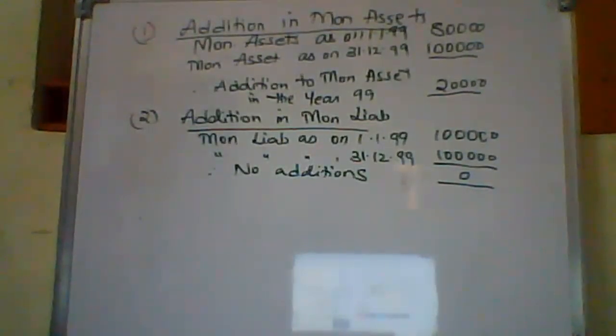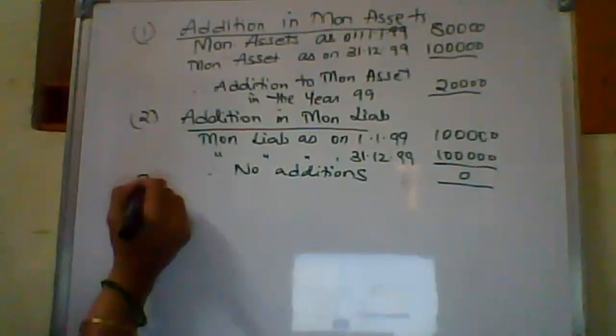Always remember, on liabilities you will have gain. Why gain? Due to inflation, suppose you will have to pay to the creditors 1 lakh. Due to inflation, if the value of 1 lakh is 1 lakh 20, you would still be paying him 1 lakh only. You won't pay him 1 lakh 20. It means 20,000 you have saved. So always we get a gain on account of holding monetary liabilities.